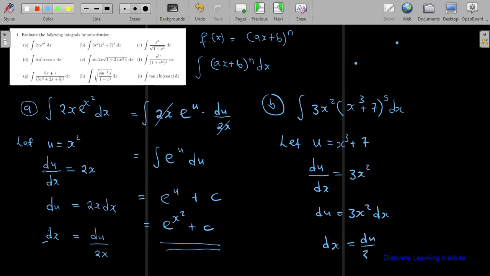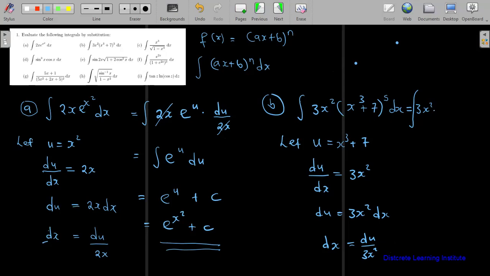Here, we just substitute. So this is equal to, I still have my 3x squared there. Remember, this is the integral we're dealing with: 3x squared, but what is x to the power 3 plus 7? We let that be our u.